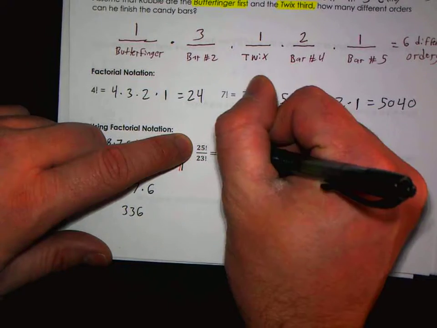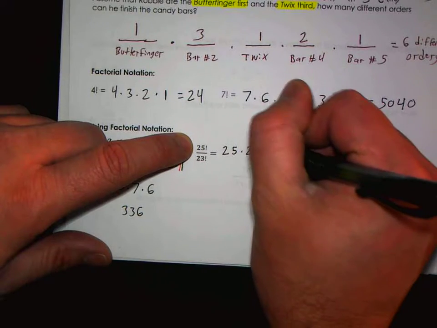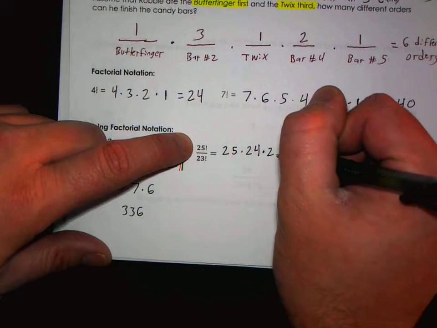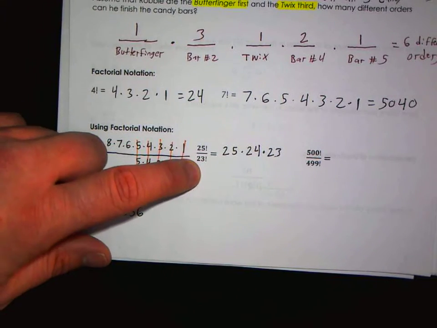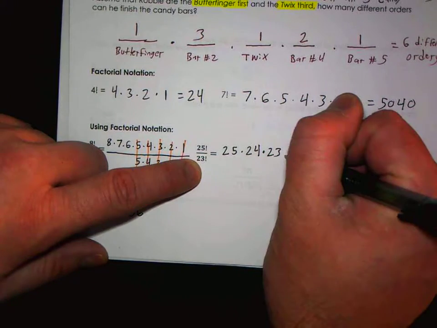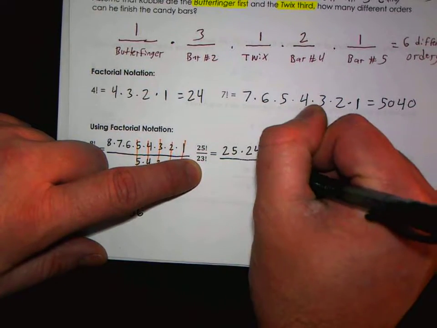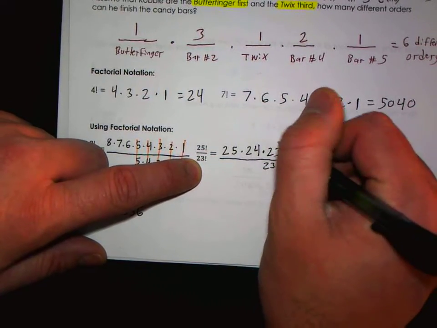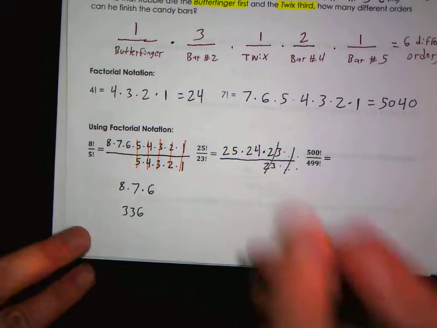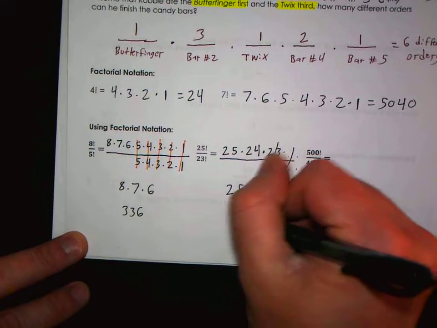Well, we'll start with 25 times 24 times 23. Will 23 be in it? No, because everything after 23 is going to cancel out, right? Everything is going to cancel from then on out. So this is really just a fancy way of saying what's 25 times 24? 600.